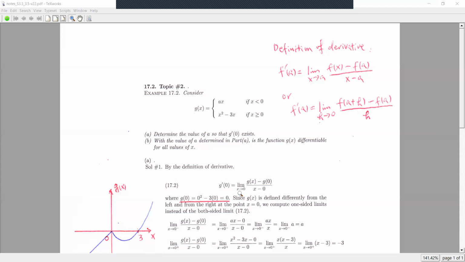That means that x can approach 0 from the left side of the point 0, can approach 0 from the right side of the point 0, can approach 0 by jumping around 0, can approach 0 in any other way. No matter how x approaches 0, this quotient should approach the same number. Otherwise, we say that this limit doesn't exist. In that case, derivative at 0 doesn't exist.